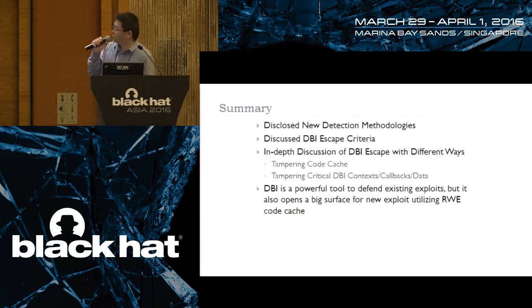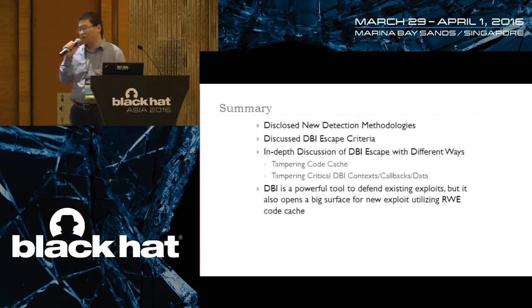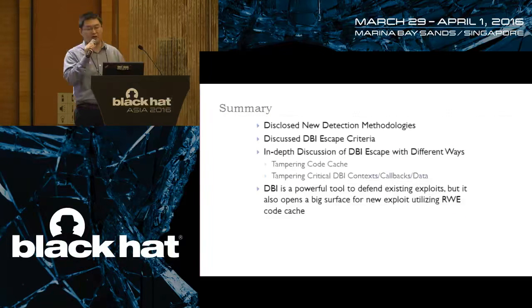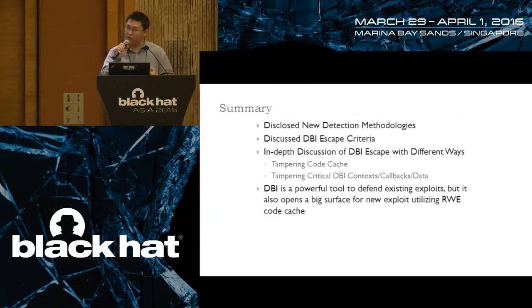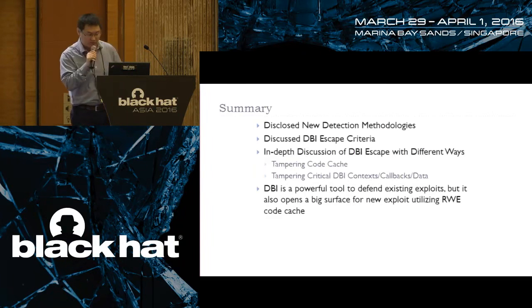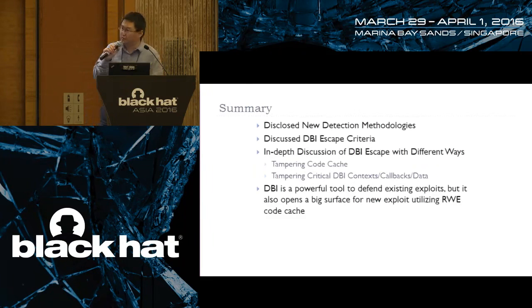Now let's summarize the talk. We discussed some new DBI detection methodology, and also what kind of things we can think about as DBI escape. We also went through a couple of examples, different ways to deeply discuss DBI escape cases.